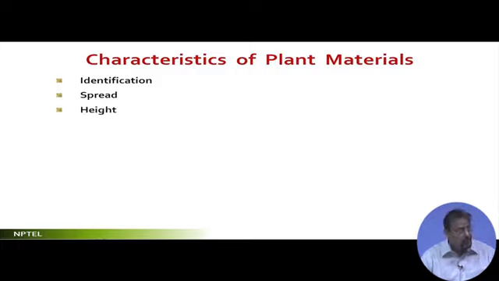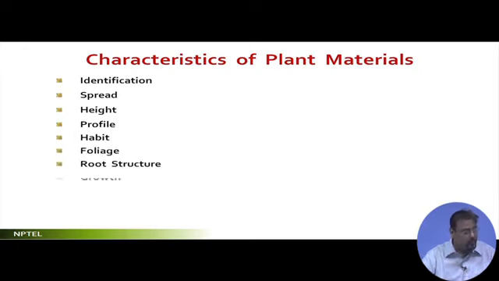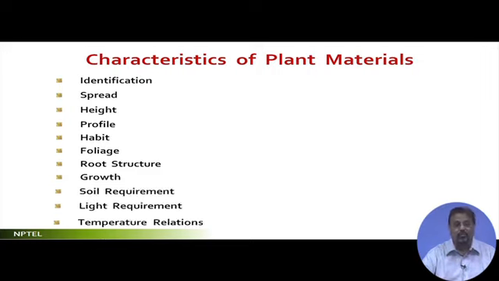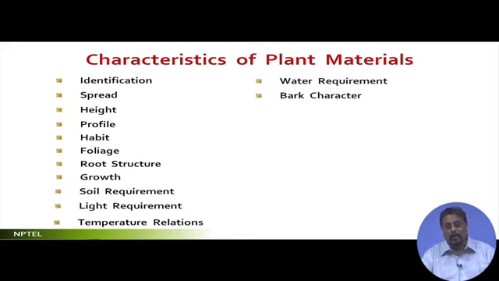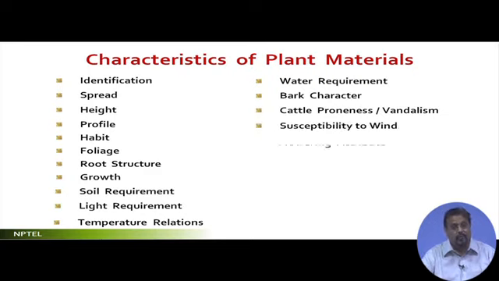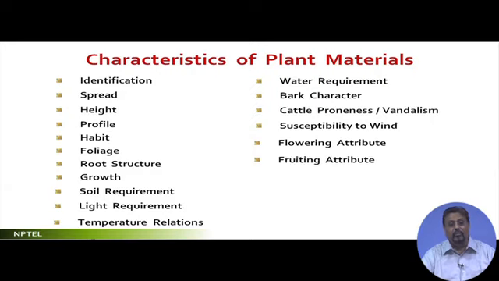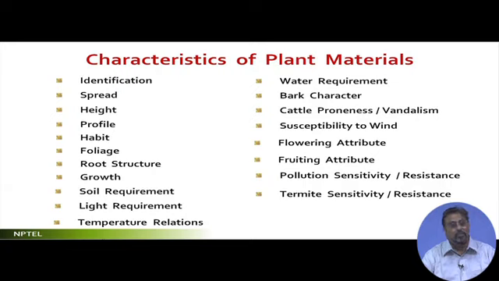Then comes height, then profile, I will detail it out, then habit, then foliage, then root structure, then growth, soil requirement, light requirement, temperature relations, water requirement, bark character, cattle proneness or vandalism, susceptibility to the wind, flowering attributes, fruiting attributes, pollution sensitivity or resistance, termite sensitivity or resistance, and the utilities and application.